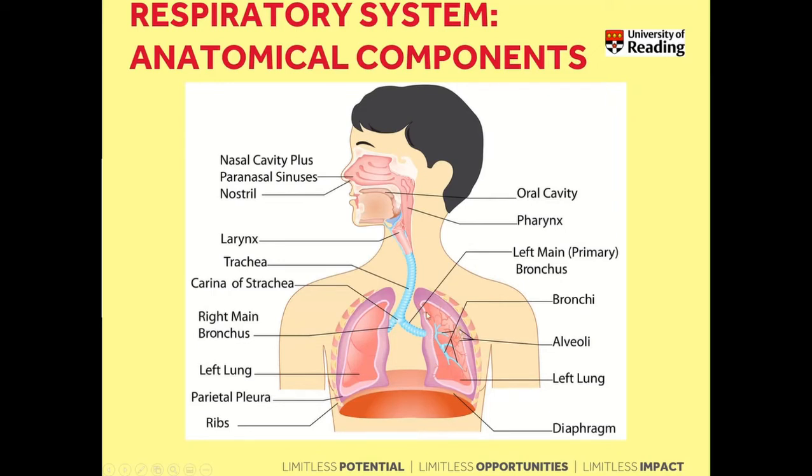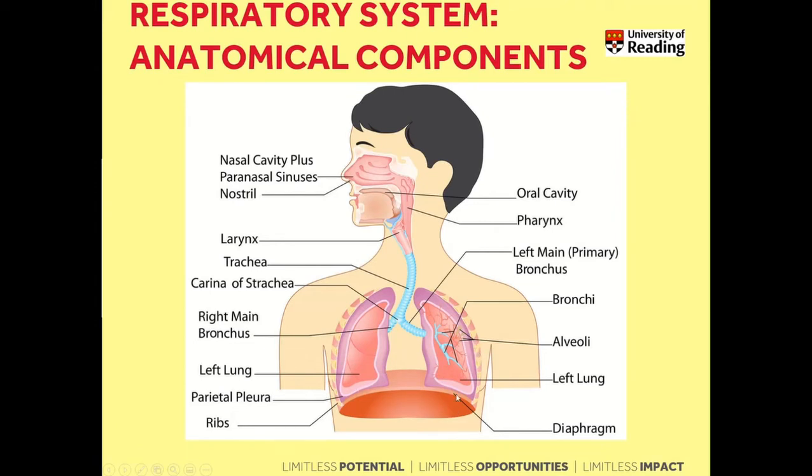You have two lungs which are encased within two layers of tissue. The inner, the visceral pleura, and the outer or parietal pleura. These are two membranes that secrete fluid into the pleural cavity surrounding each lung.